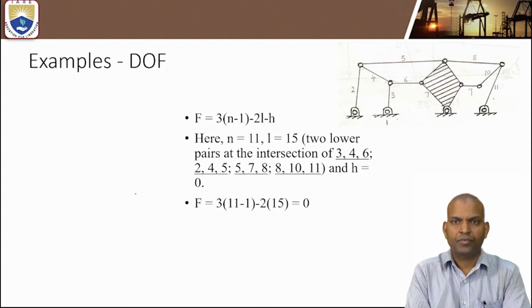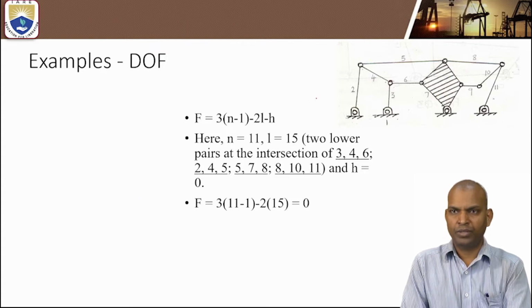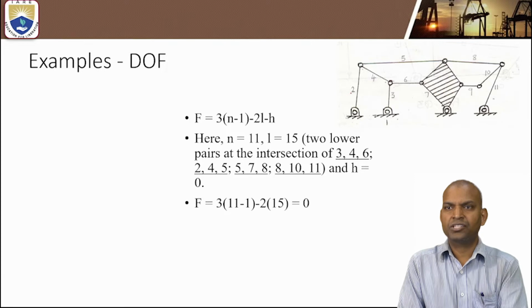Okay, let us solve. How to solve the degree of freedom for this mechanism? Again, find out the number of links. Whenever this type of figure is given, consider all fixed links as one. Let us first give numbers to the links.